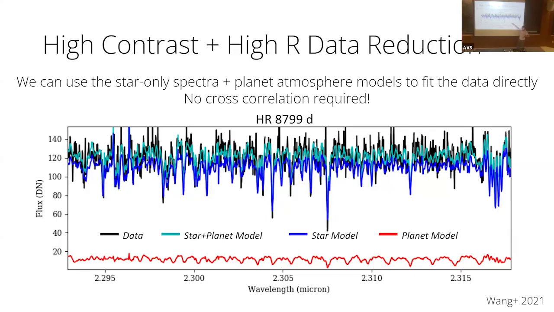You can see that the planet light is generally much fainter than the residual starlight, but the one advantage at high spectral resolution is that the lines of the star are drastically different than the lines of the planet. So we're able to use that spectral information to disentangle how much of the total spectrum in black comes from the planet versus from the star.